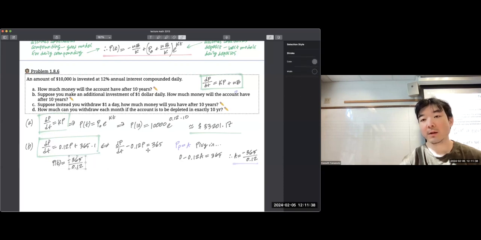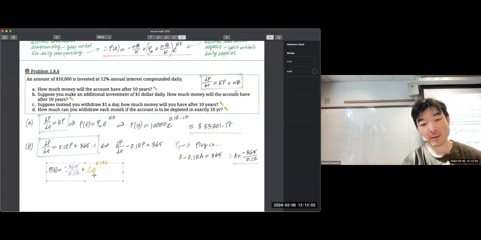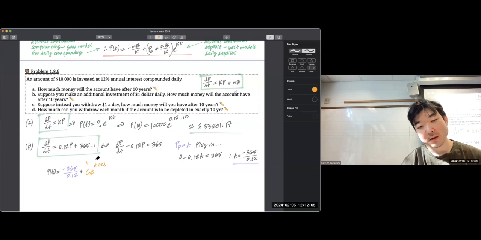And then you're going to add to it the homogeneous solution, which, reading off this, is just going to be C e to the positive 0.12t, because you're just taking the negative of it. And so this is how you build a general solution. This is your homogeneous solution, so I'll do P sub H. And then this is your particular solution, which is P sub P.